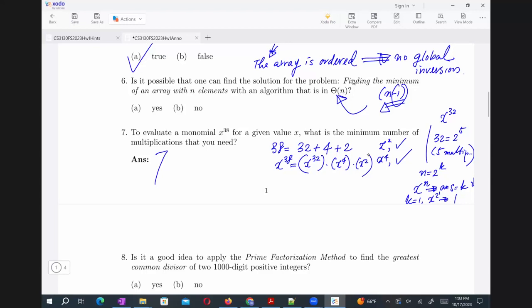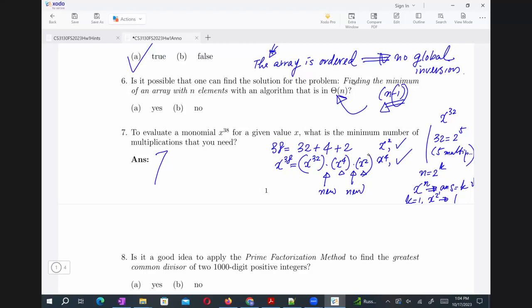But for these 2 operands, no new multiplications. Only this is new, and then this multiplication is new. You only calculate the new multiplications on top of the first round of 5 multiplications.